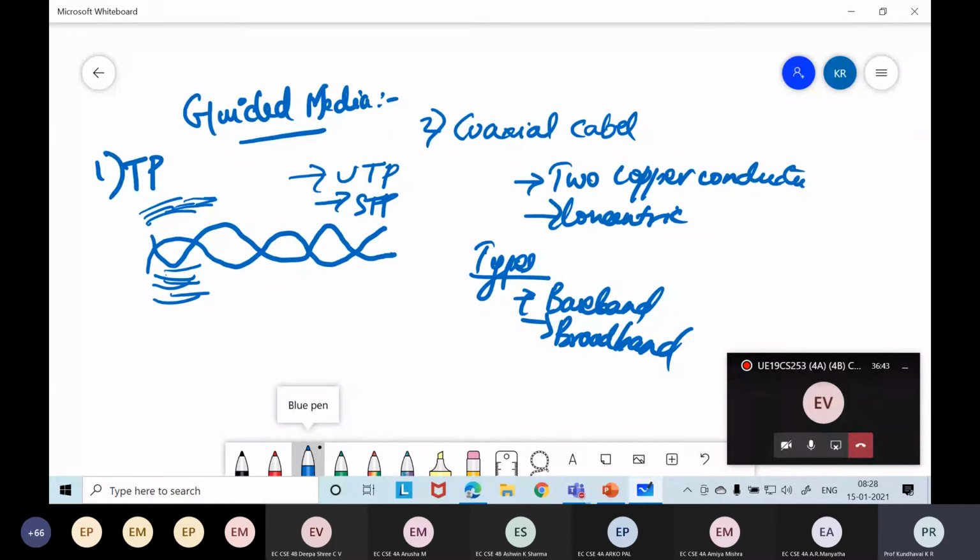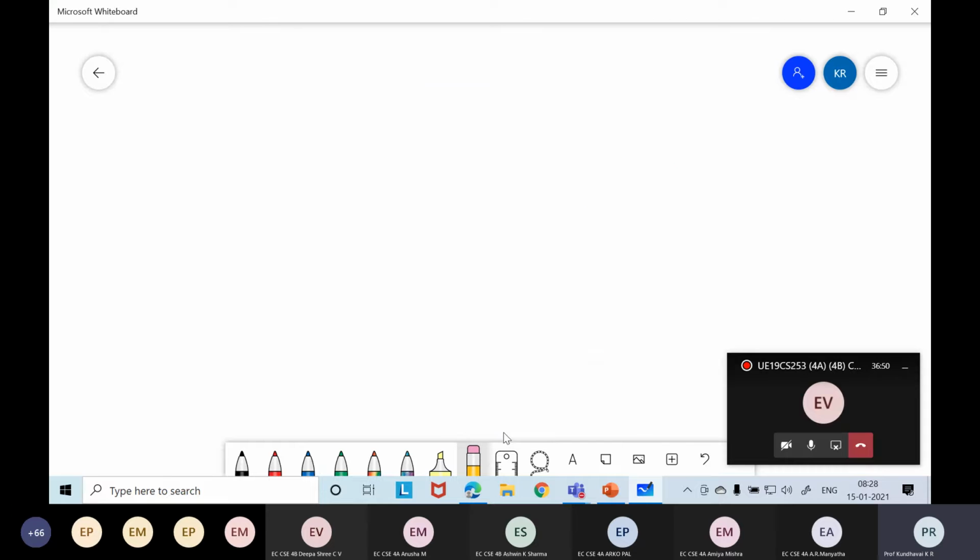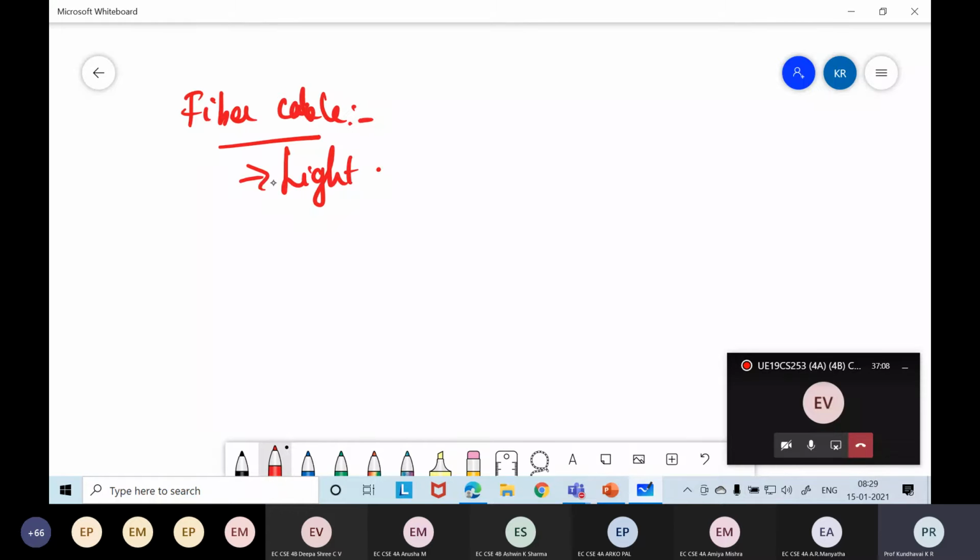All right. Having said this, we will move on to the next one, which is fiber cable, otherwise called fiber optics. Here the transmission is not electromagnetic waves, rather it's light.